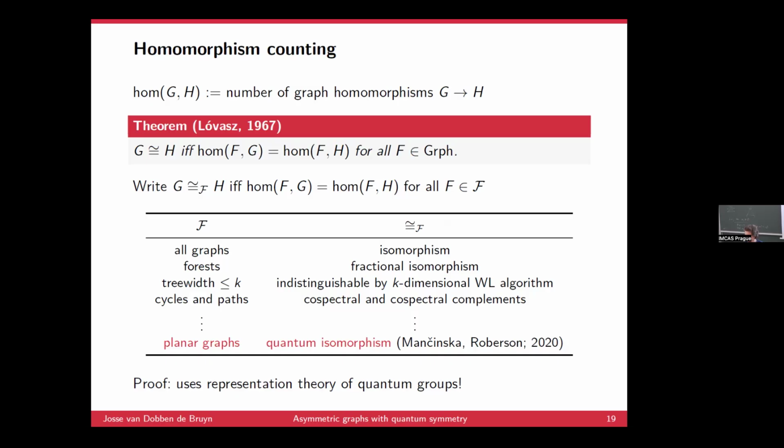I'm interested in quantum spaces. For quantum groups, a quantum subgroup is just going to be a surjective map from one compact quantum group to another. And for two graphs, if you have a graph, you have surjective maps.